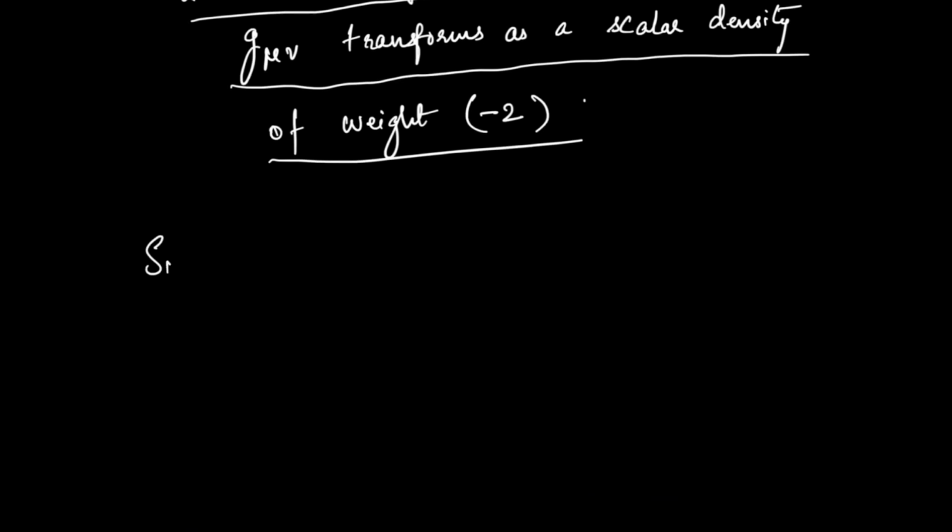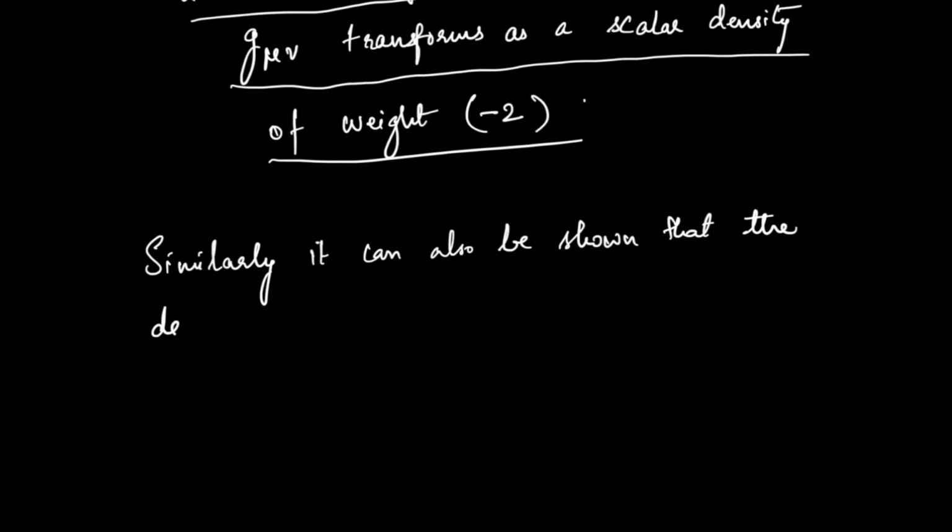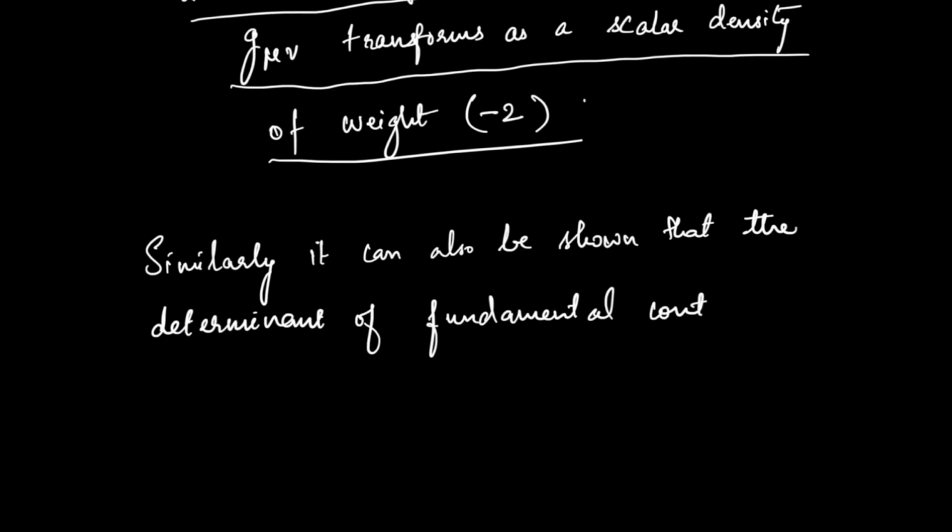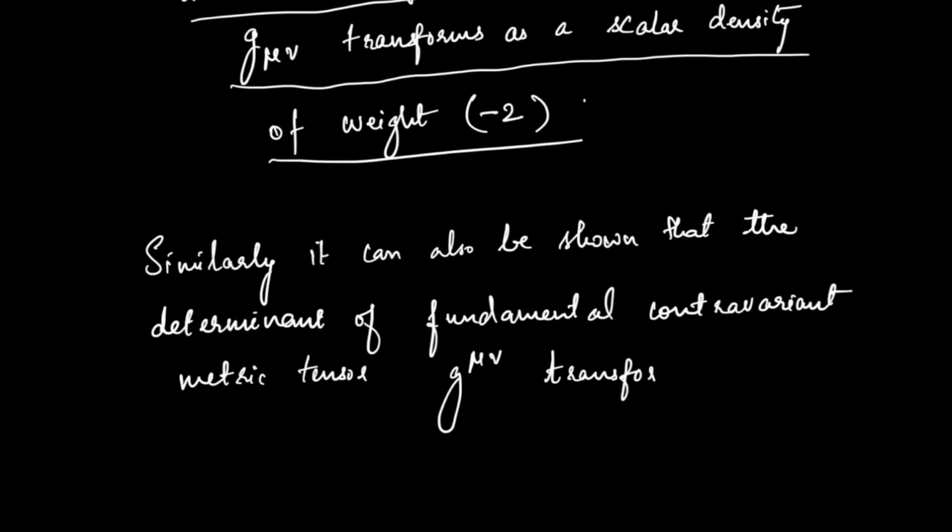Now similarly, it can also be shown that the determinant of the fundamental contravariant metric tensor G mu nu transforms as a scalar density of weight plus 2.